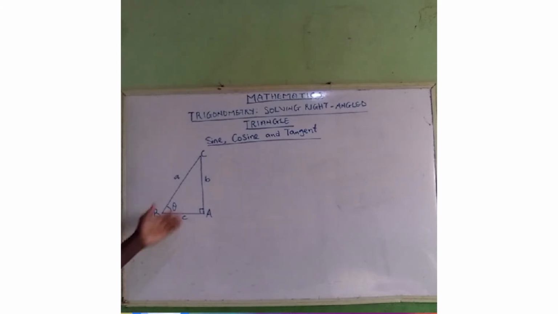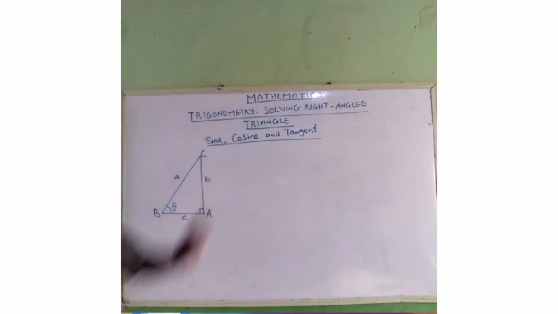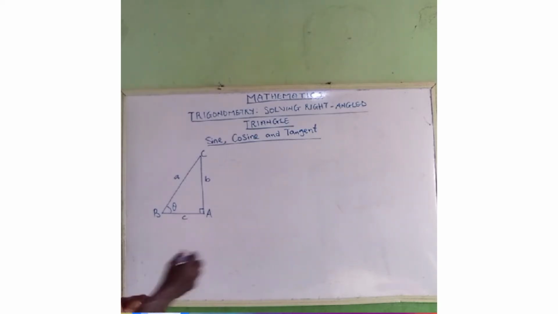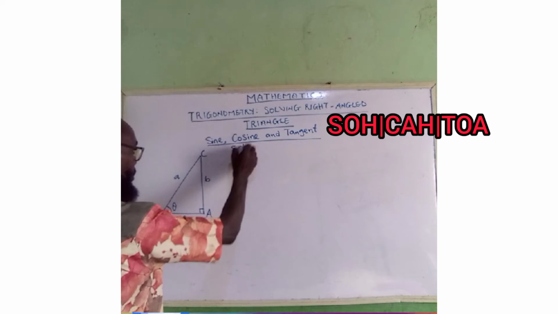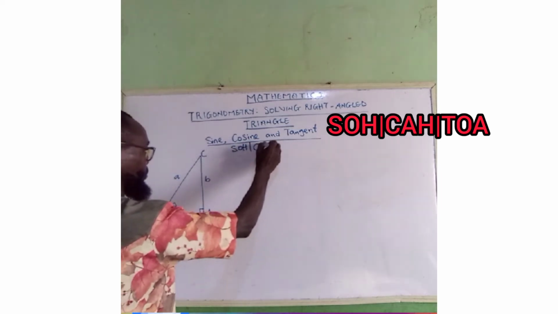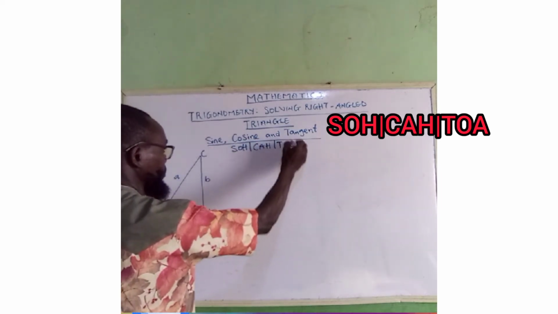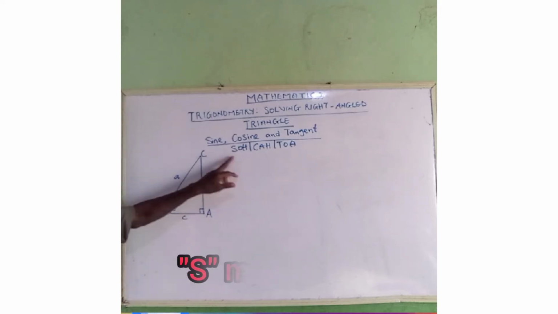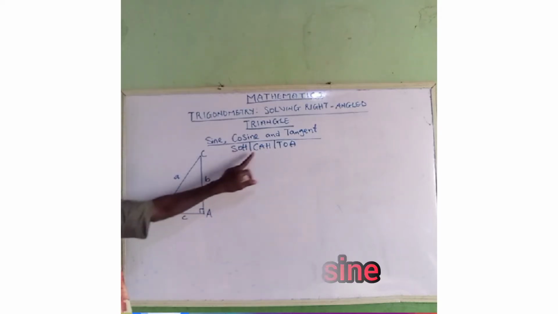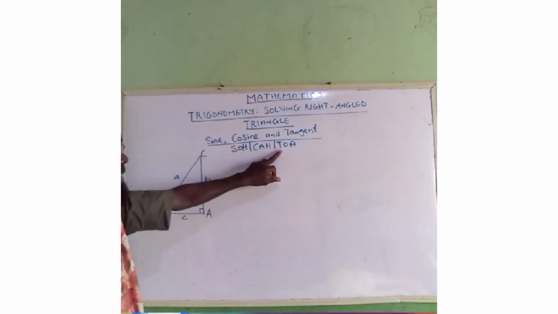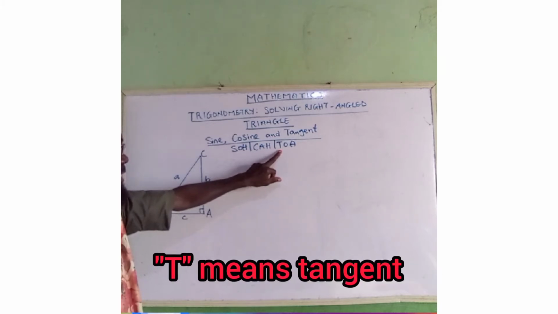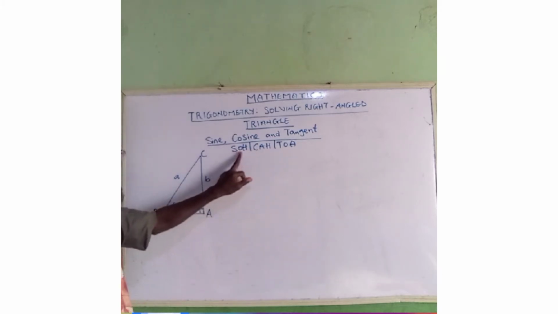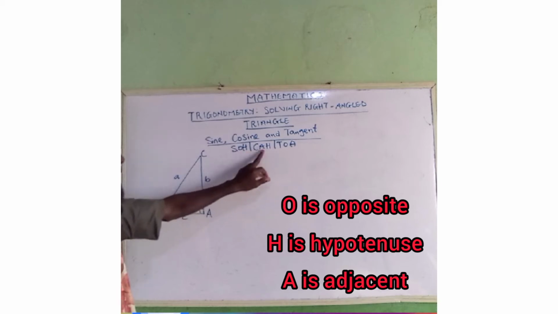In order to prove our sine, cosine, and tangents, we need to move by looking at the acronym SOHCAHTOA, where S stands for sine, C stands for cosine, and T stands for tangents. Then O is for opposite, H hypotenuse, then A is our adjacent.